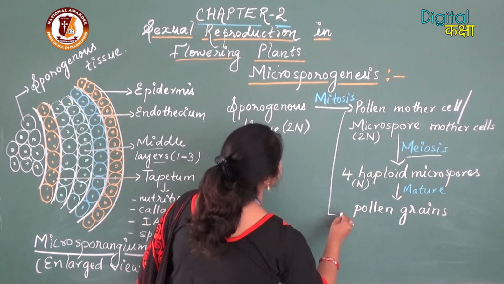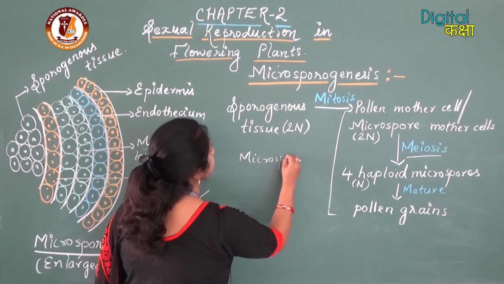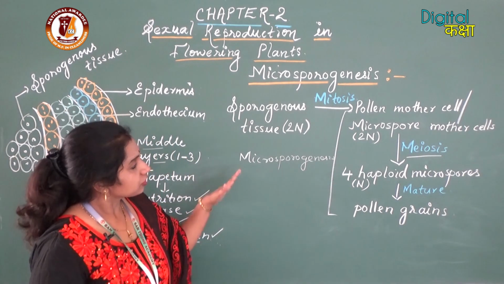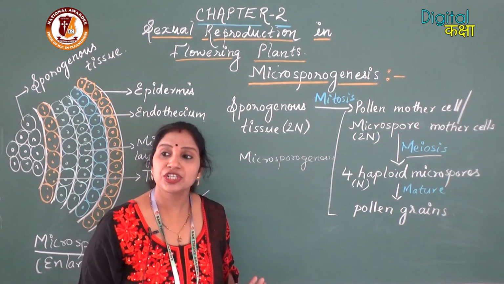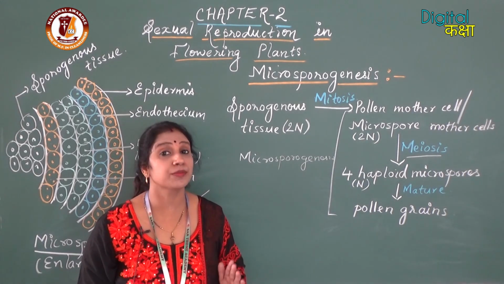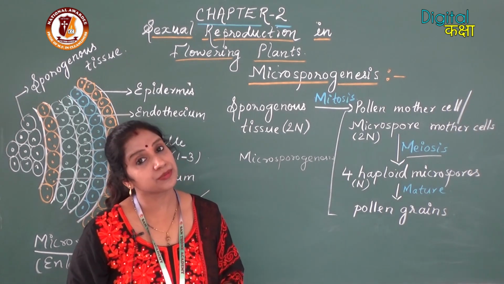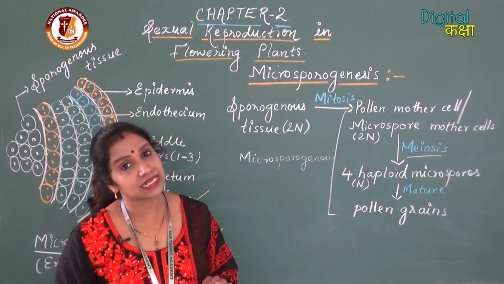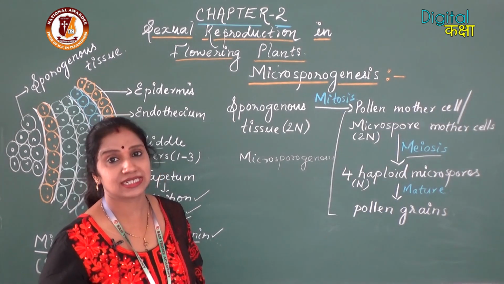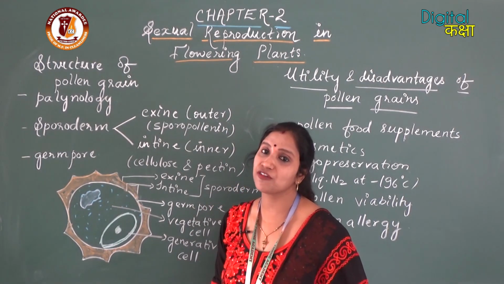So, 4 haploid microspores are formed from a diploid pollen mother cell by the process of meiosis cell division, and this process is called microsporogenesis. Now, we will be discussing the structure of the pollen grain.